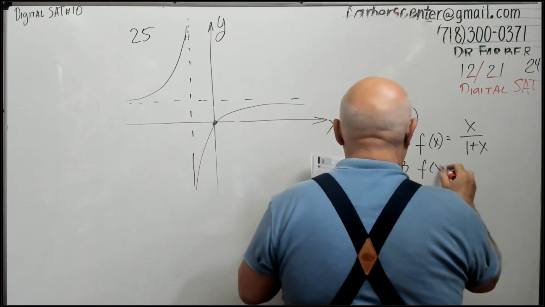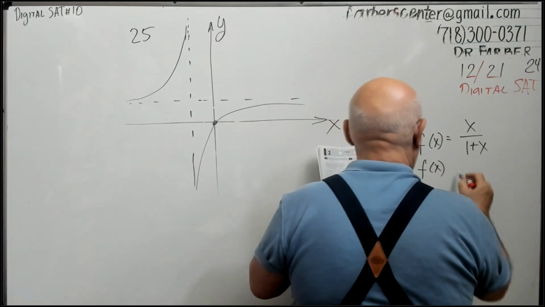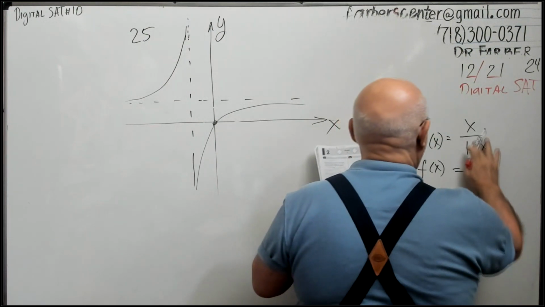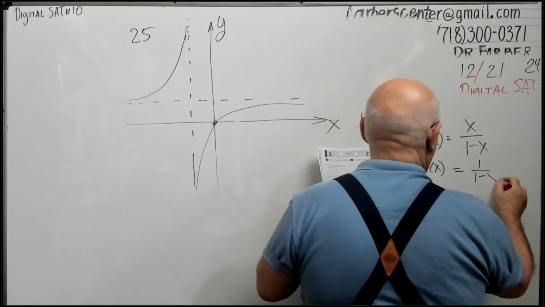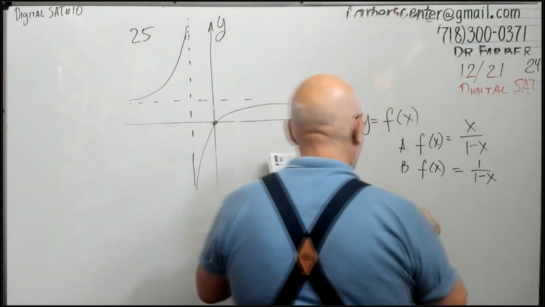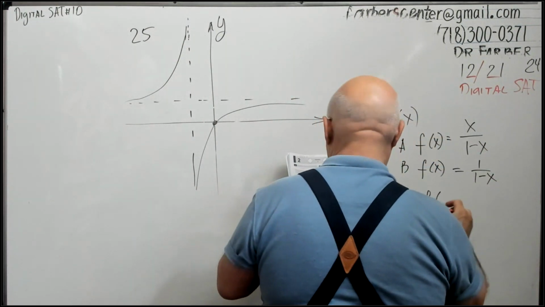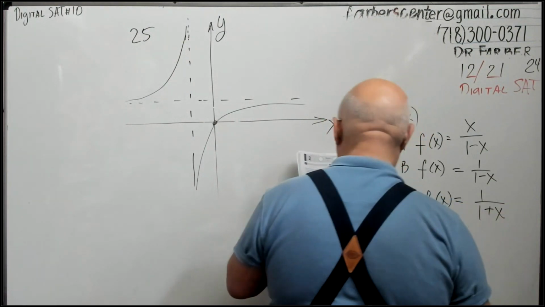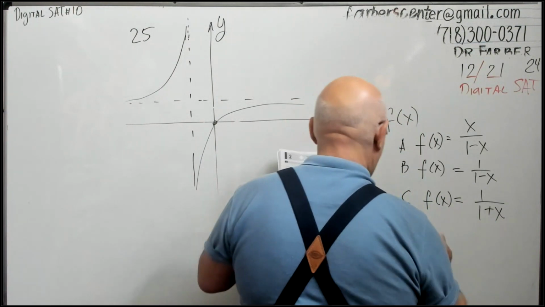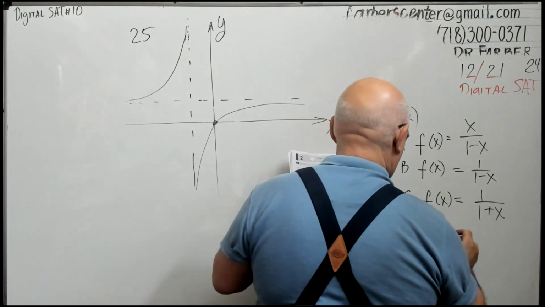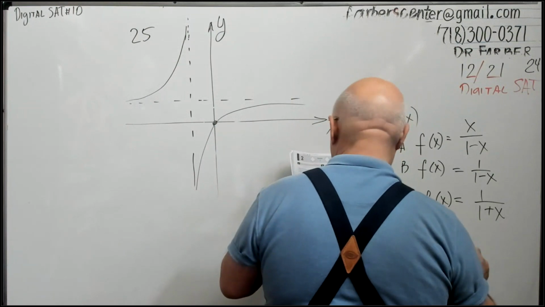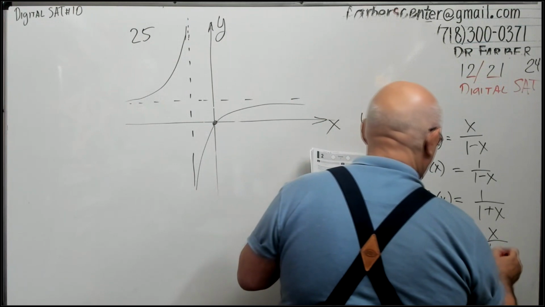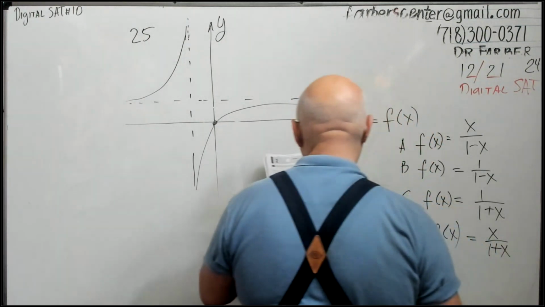B, f of x equals 1 divided by 1 minus x. C, f of x equals 1 divided by 1 plus x. And D, f of x equals x divided by 1 plus x. Okay.